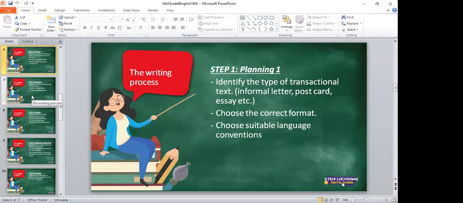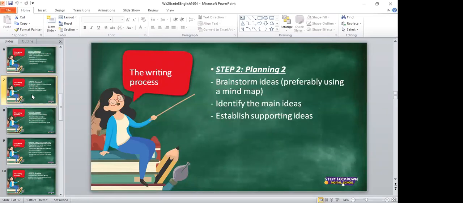There is step 1, which is planning, the second part of planning. This is when you brainstorm ideas, and like I said, it would be good to preferably use a mind map for this one.